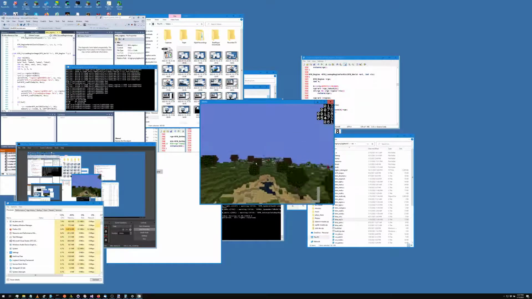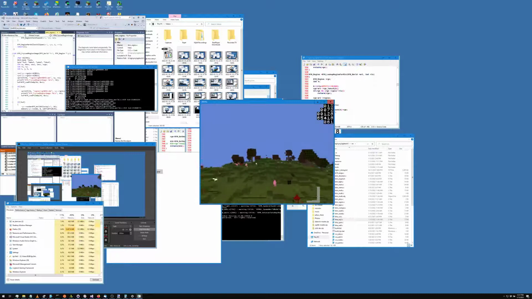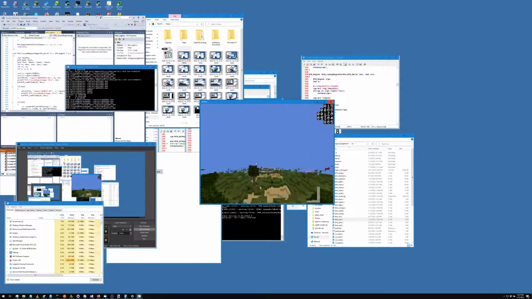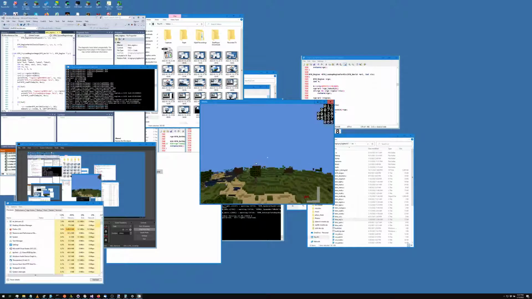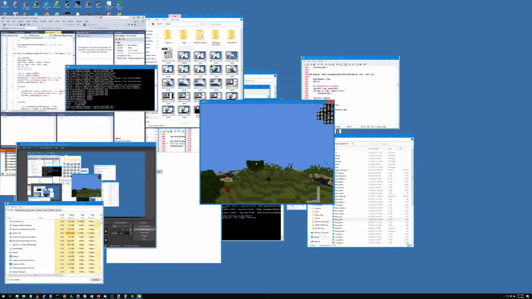So the current goal is to travel several kilometers from the origin and observe that the previous issue with terrain generation breaking has been fixed.